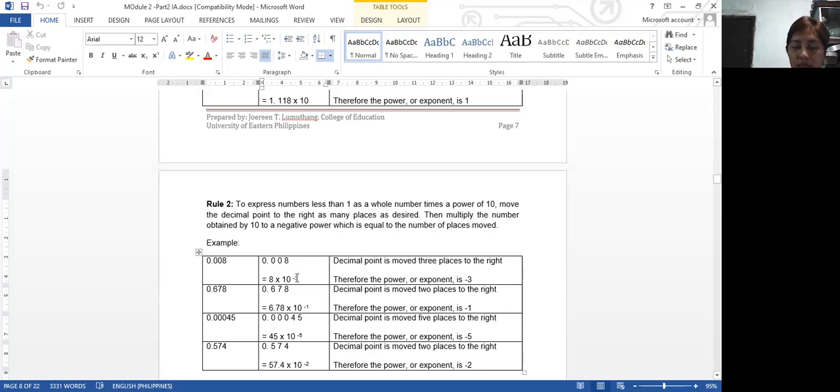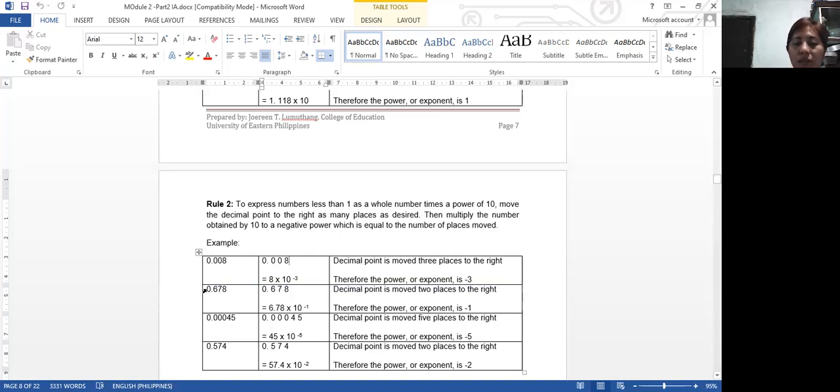So it's 3, which makes it negative 3. If the numbers are like this, the exponent becomes negative, and the counting will be from the decimal point to the right, moving the decimal point to the right.